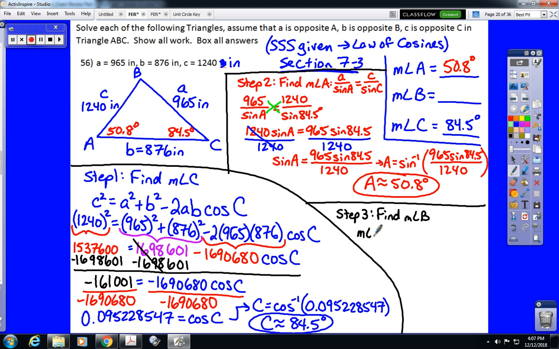Remember that the measure of angle B will be 180 minus the two angles that we know, so minus 84.5 and minus 50.8. So that means that the measure of angle B is, just feed it to the calculator, 44.7 degrees.